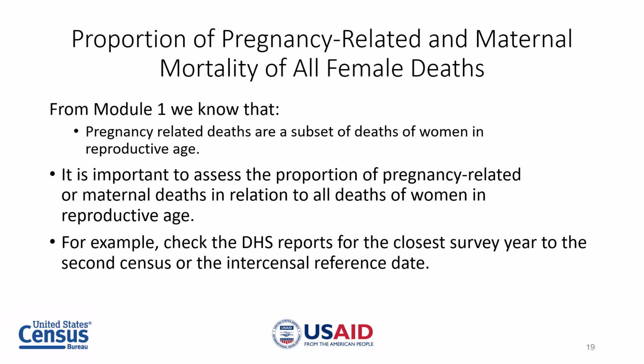After evaluating and adjusting for census coverage of both population and death recordings, you should assess the proportion of pregnancy-related or maternal deaths in relation to all deaths of women in reproductive age. You can do this by checking the respective demographic and health survey reports of your country for the closest survey year to the second census or the intercensal reference date. You can also use data from the World Health Organization publication on trends in maternal mortality.